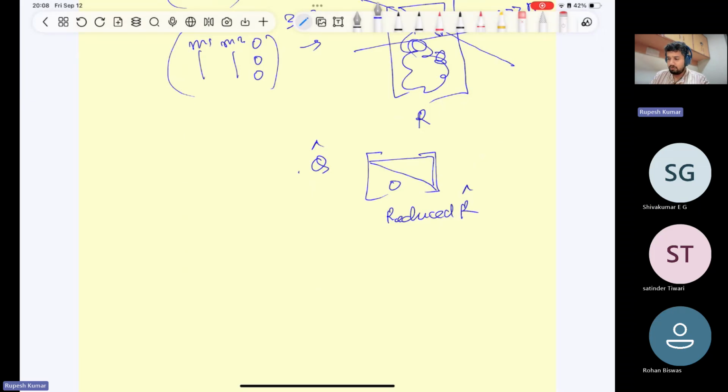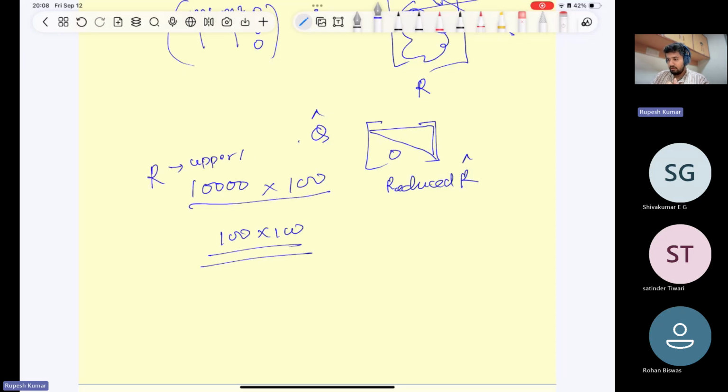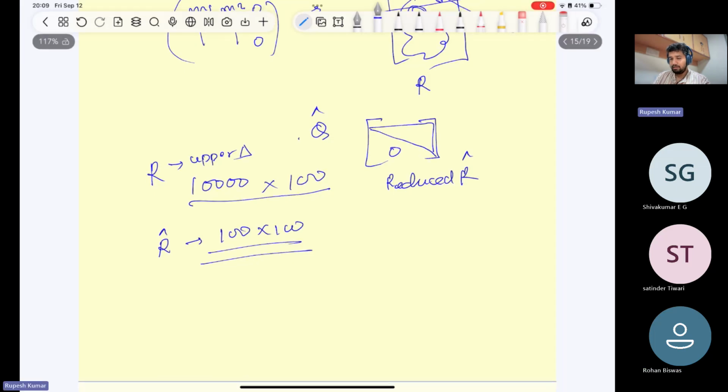Say you want to enter a matrix of dimensions 10,000 cross 100 into the system, and you know that only 100 cross 100 can represent the entire matrix. This is an upper triangular matrix R of dimensionality 10,000 cross 100. You know that all the entries below row 100 will be zero. So you don't need to store R. You can store R-hat, that is 100 cross 100, and you are saving a lot of space.